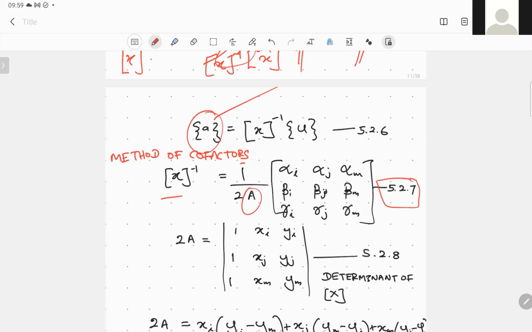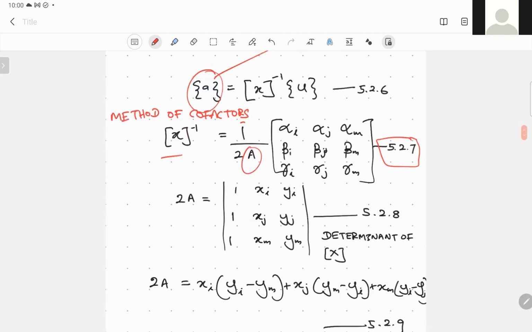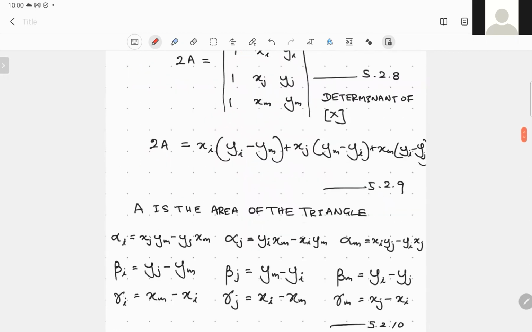And A corresponds to the area of the triangle that we are considering.